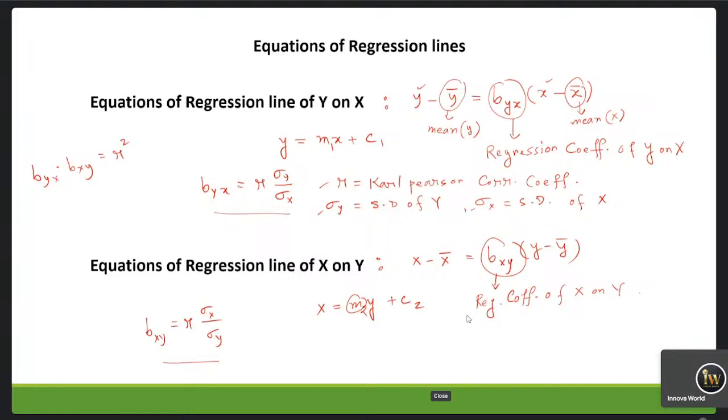Only r square, because sigma y and sigma x will nullify each other: sigma y is in the numerator in one and in the denominator in the other, and similarly sigma x, one in the numerator and another in the denominator. So here we get r square equal to this, from where r is equal to plus minus under root byx into bxy.